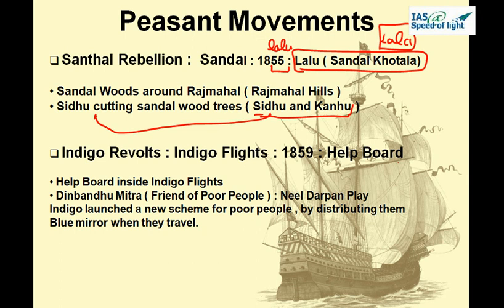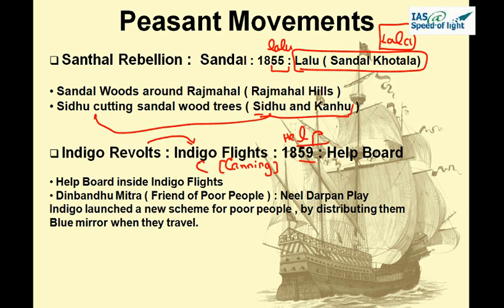Second rebellion, it was the Indigo revolt, or Indigo, our picture is already Indigo flights. And if you remember Indigo flights, what was not permissible? Use of a Canon camera, or the Canon. During Lord Canning we saw the Indigo revolt, or Indigo flights, which we related with the camera Canon. It happened in 1859. 59: 5 is L and 9 is P or B, but we take P here, so it becomes help.